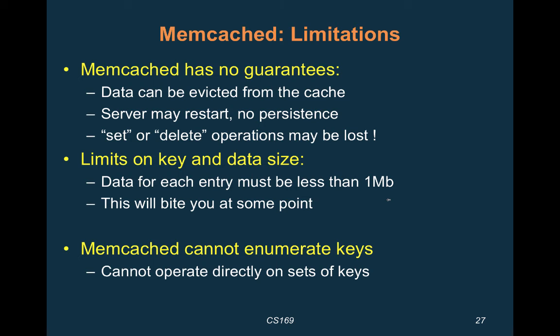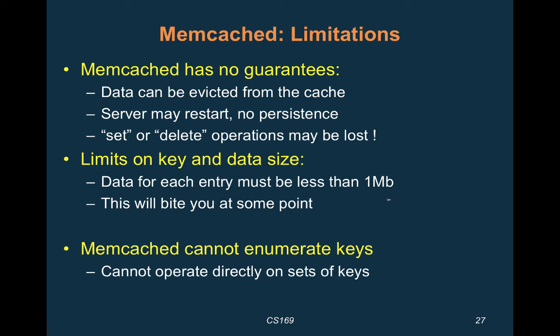There's limits on the sizes of keys and data. So data for each entry must be less than 1 megabyte. And if you start putting big whole web pages in there or results of queries, they are going to suddenly go over the 1 megabyte limit without you noticing. And you'll get these errors that you've never seen in testing. So this is actually very, very annoying.